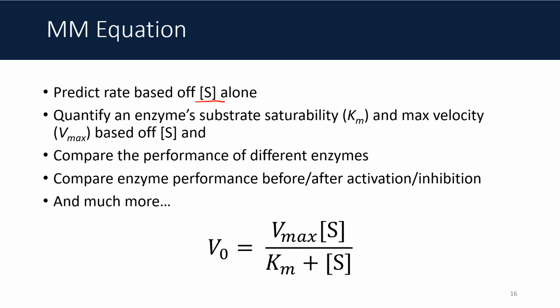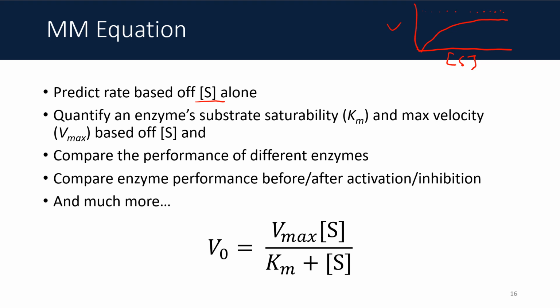That's huge. And that curve that we get, that hyperbolic plot, we plot substrate versus velocity, this will allow us to derive very important parameters that will measure the personality traits of said enzyme.